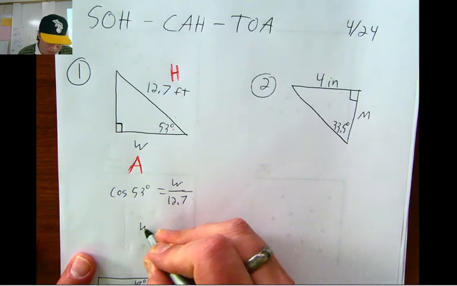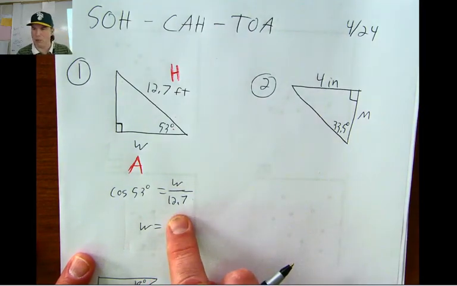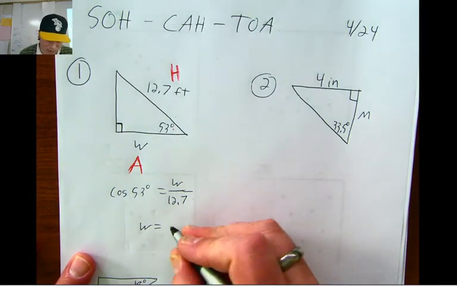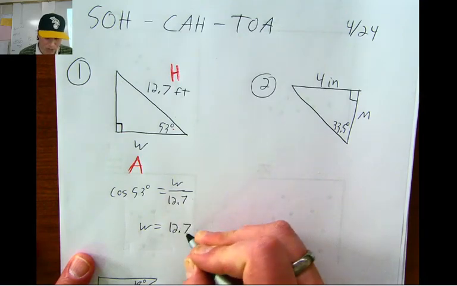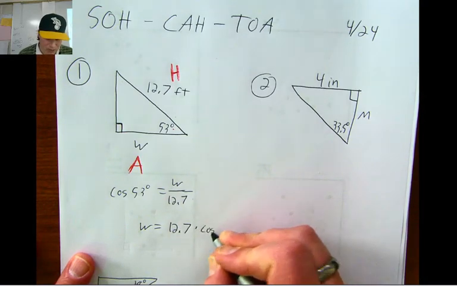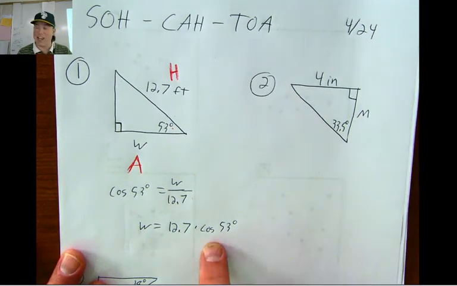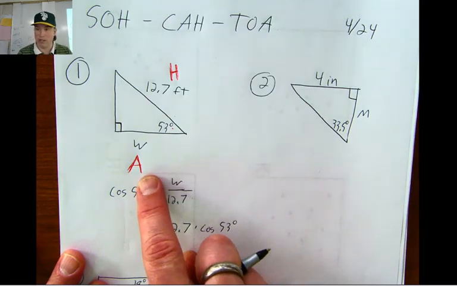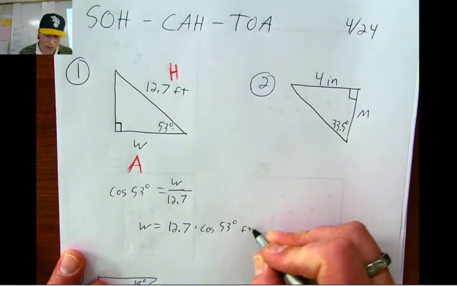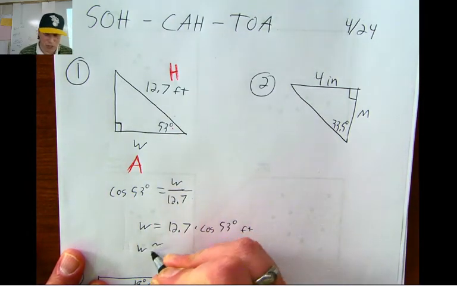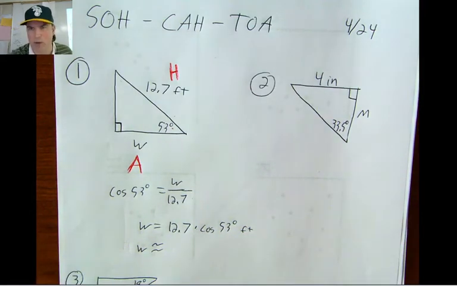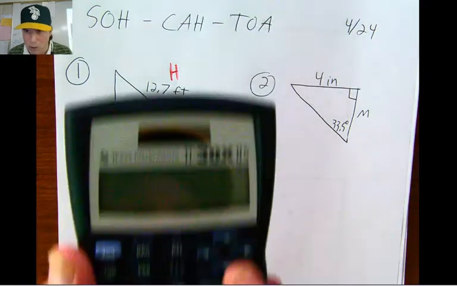You could solve this equation by simply multiplying both sides by 12.7, and you'd end up with 12.7 times cosine 53 degrees. That would be the exact answer. If we want the exact answer, I would need to add feet onto it. But usually you're going to look for the decimal approximation. You want to make sure your calculator is in degree mode.